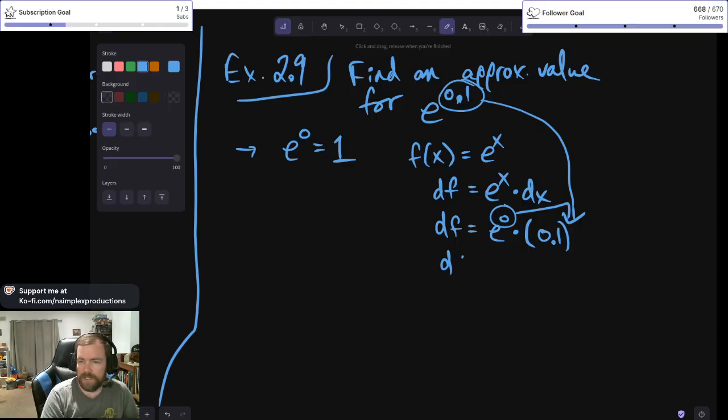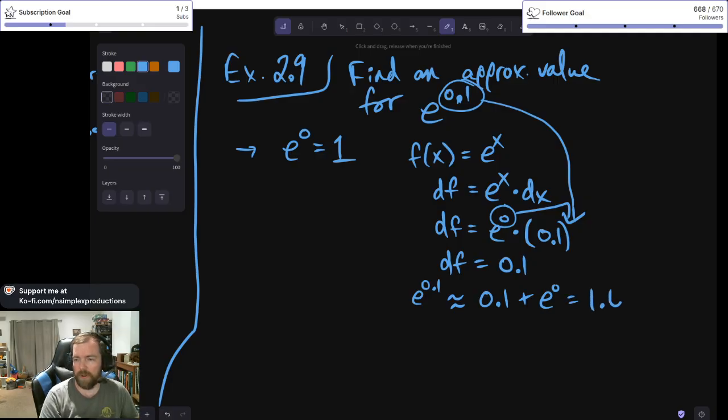Essentially, df says that we're going to get 0.1. So that means that e to the 0.1 is going to be approximately 0.1 plus e to the 0, which is 1.01. Right? Close enough? Well, let's find out.